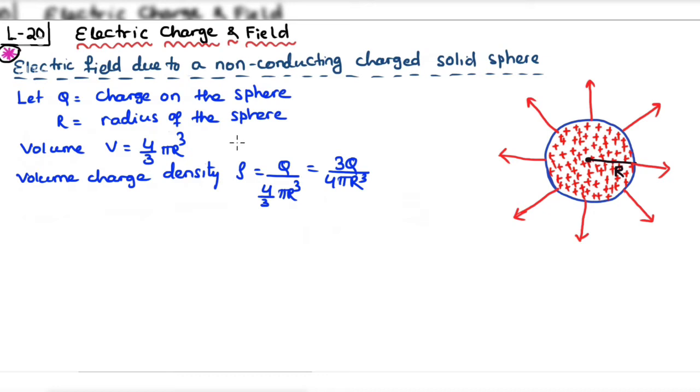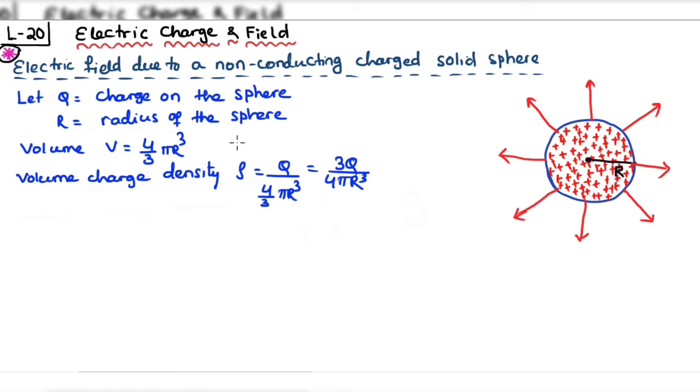We have already derived the expression for electric field due to a charged spherical shell by using Gauss law. So what is the difference between a spherical shell and a solid sphere? In a spherical shell, the interior of the sphere is empty, but in case of a solid sphere, we have matter present throughout the volume of the sphere.